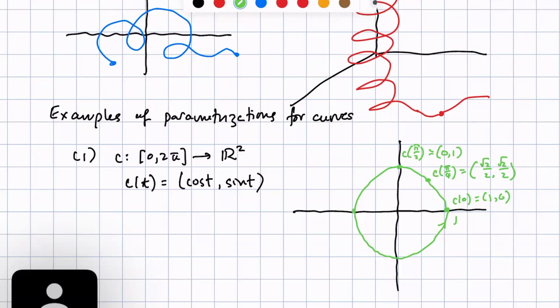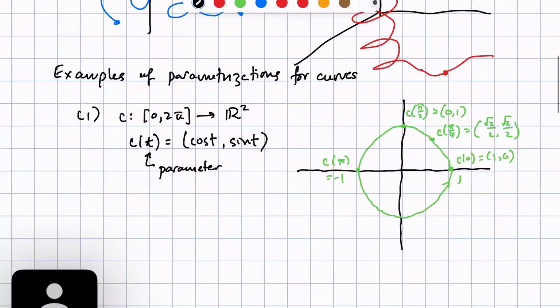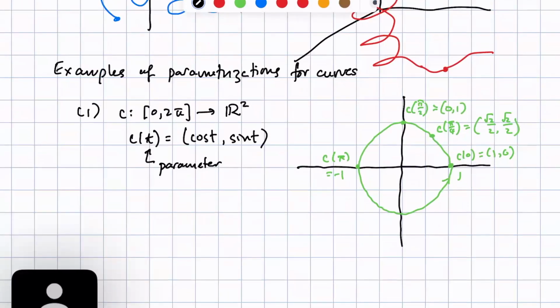And here, for example, C of pi is negative 1. And as the time parameter, so here, this t is called a parameter, goes from 0 to 2 pi, then the curve traces out a closed circle of radius 1.